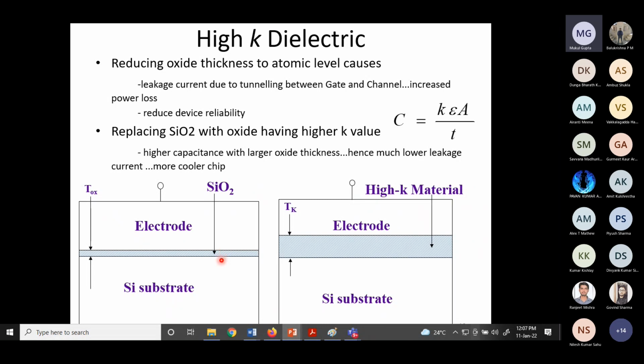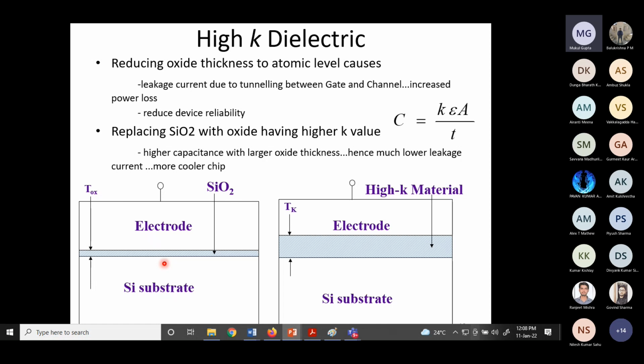Why do we need to reduce the thickness of the gate oxide? Because we want better gate control, because in a MOSFET you apply voltage from the gate, that will form the channel, and the number of electrons in the channel depends on how much voltage you are applying at the gate, right?